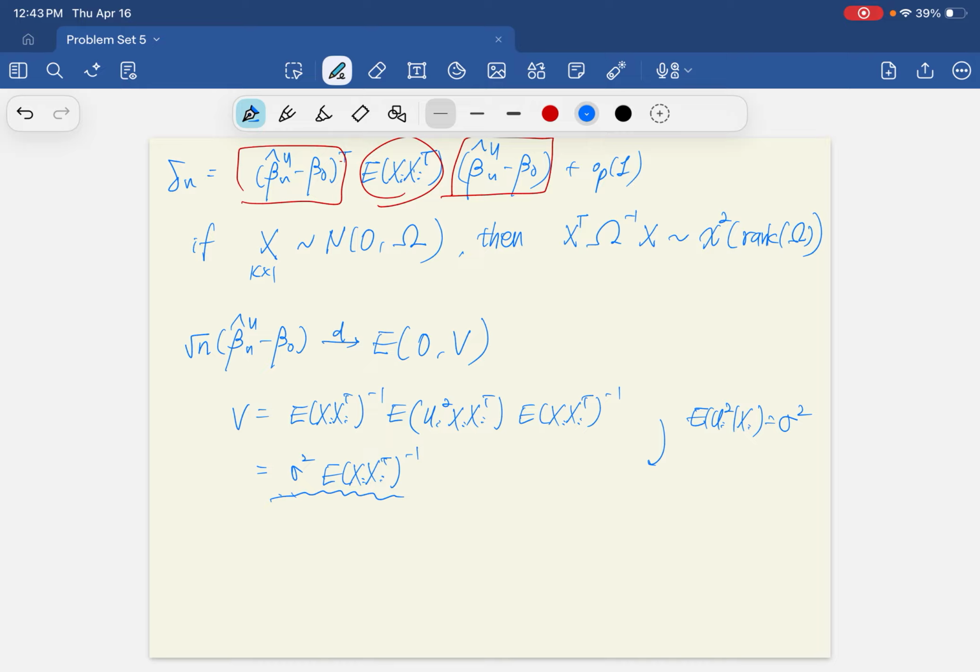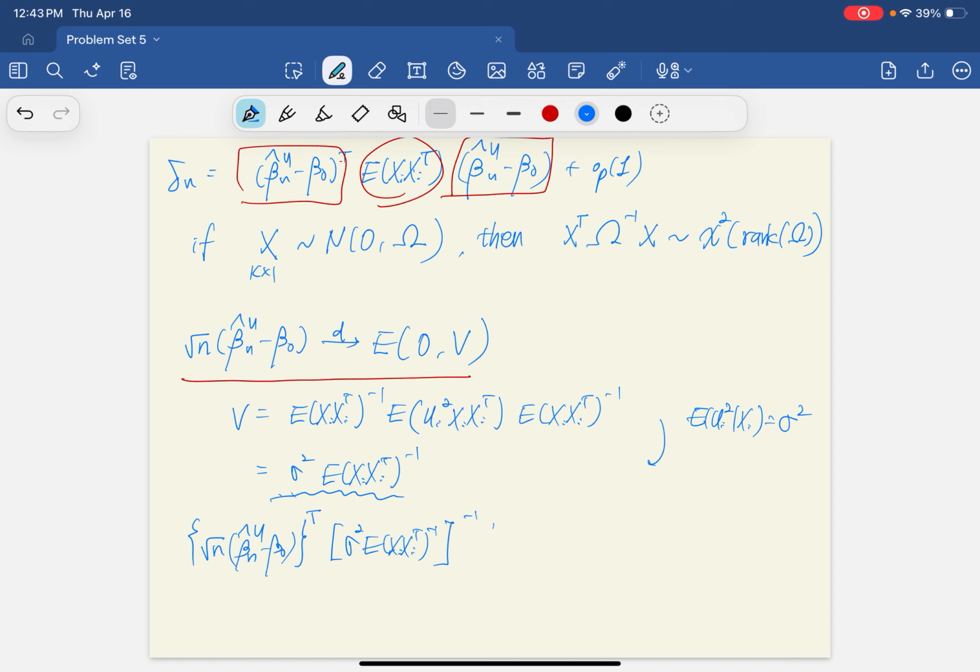Therefore, let's think about the structure. We have a normal distribution, so let's think about its quadratic form: this vector transpose, times the variance inverse, times the vector again.